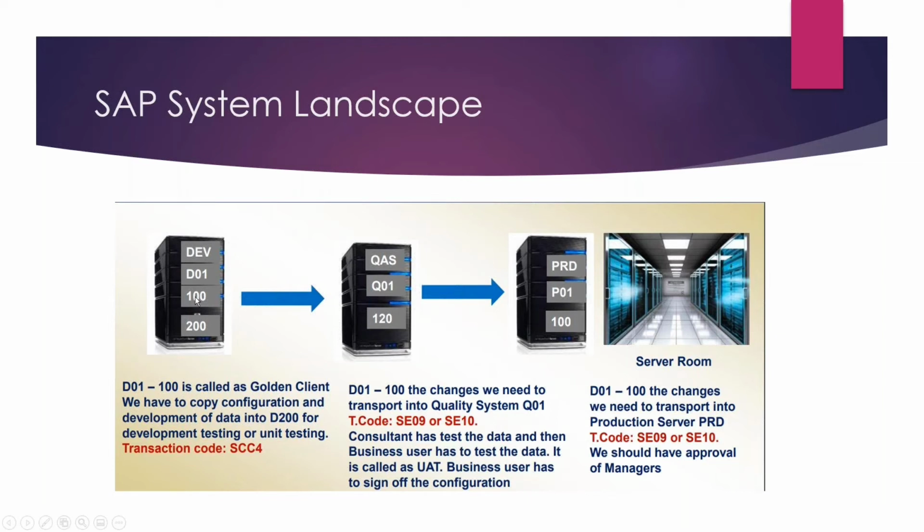This is only a configuration client, and you will be asked to move the transports, whatever changes you have done, to 200 and do testing. Once you have confirmed that the 200 testing is fine, then you will ask the basis team to transport the transport numbers from this system to the quality system. You will come to know this once you are familiar with SAP terminology and so on.